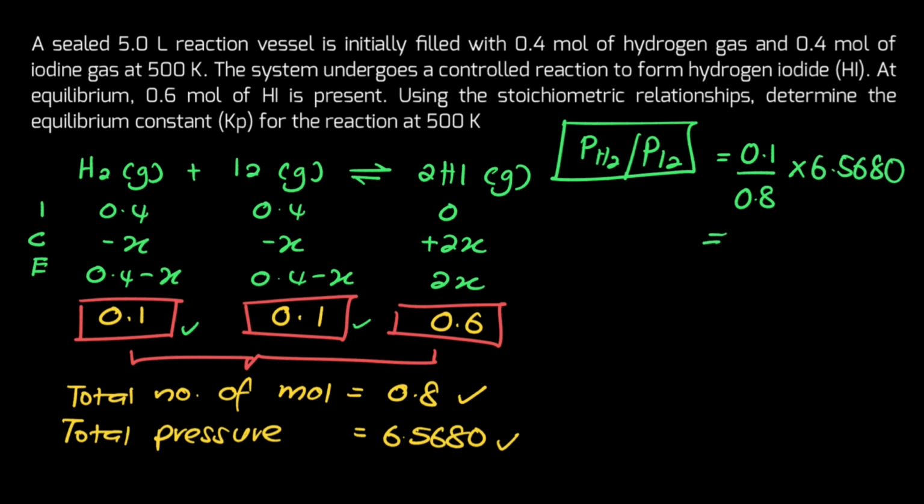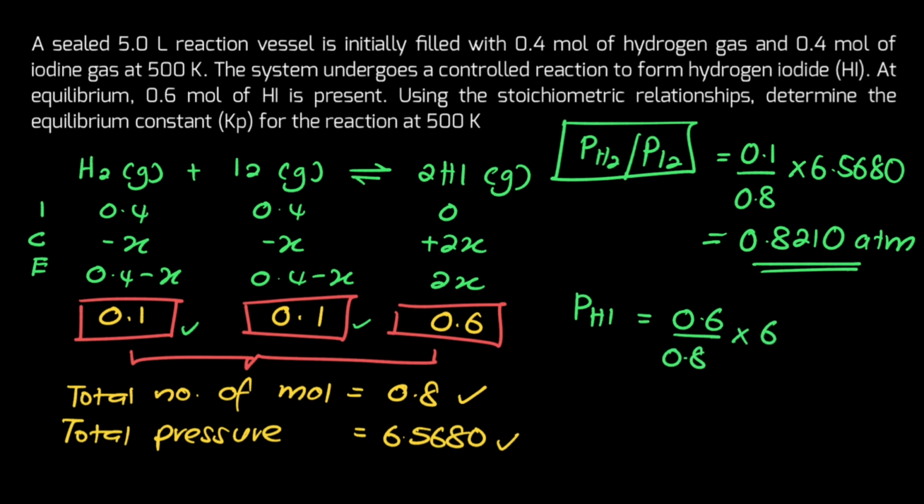Therefore, the partial pressure for hydrogen and iodine is 0.8210 atm. Moving on to the partial pressure for hydrogen iodide, it is 0.6 divided by 0.8 times the total pressure, so the partial pressure for HI is 4.9260 atm.